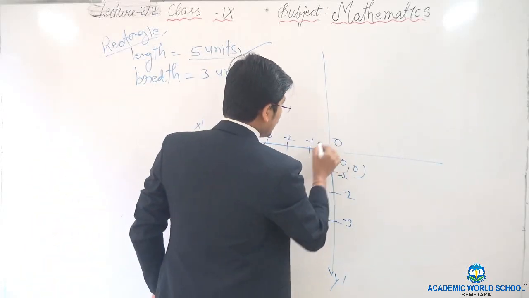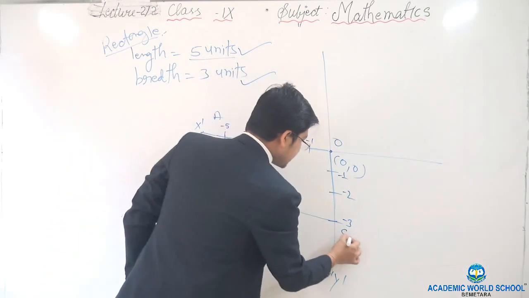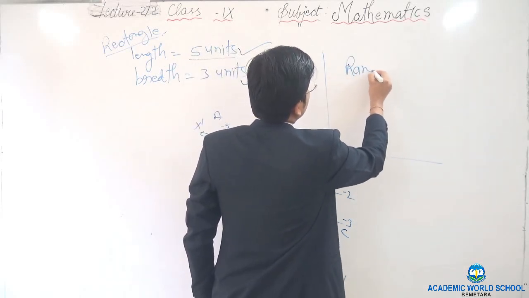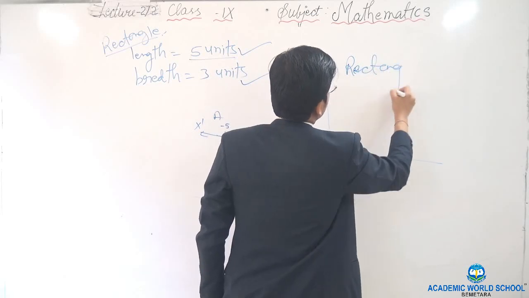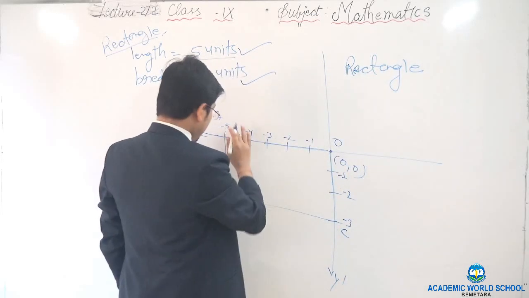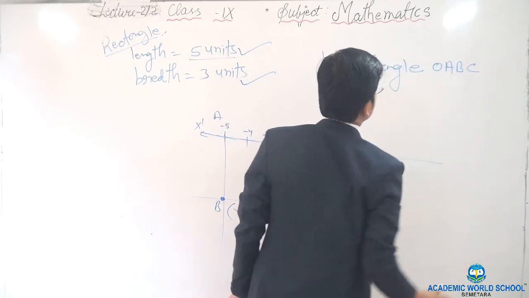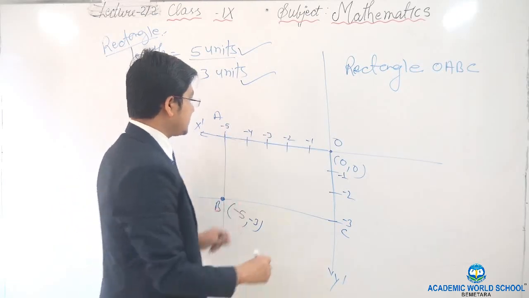So let's say this is O, A, B and C. Rectangle O, A, B, C. So the coordinates of the vertices of O, A, B, C.